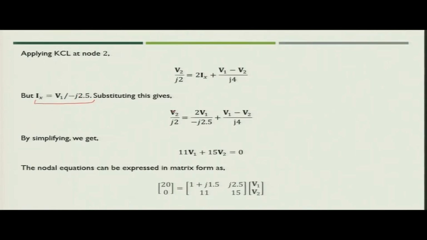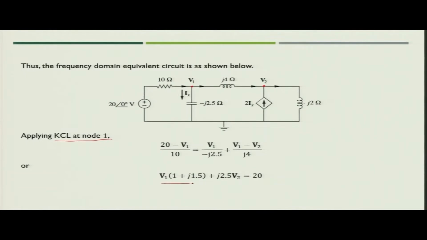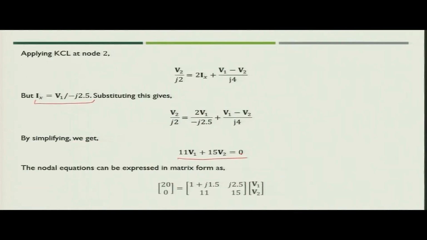So, we can write V2 upon j 2 equal to 2, in place of Ix, we write V1 upon minus j 2.5, plus V1 minus V2 upon j 4. So, when you simplify it, you get the equation as 11 V1 plus 15 V2 equal to 0. So, first equation from node 1 you get this one, and second you get this one.